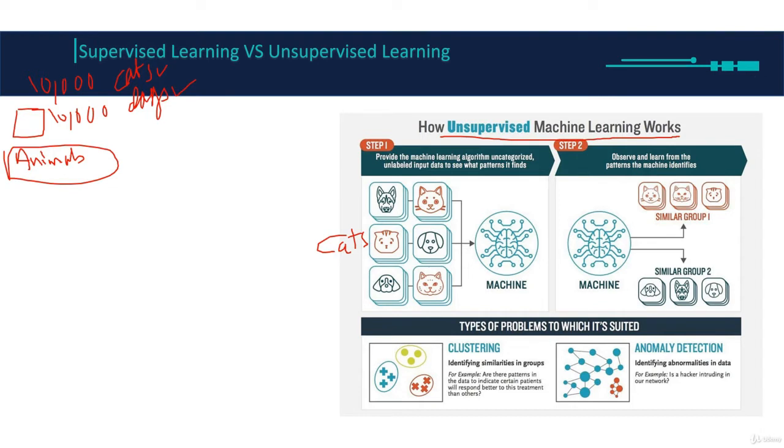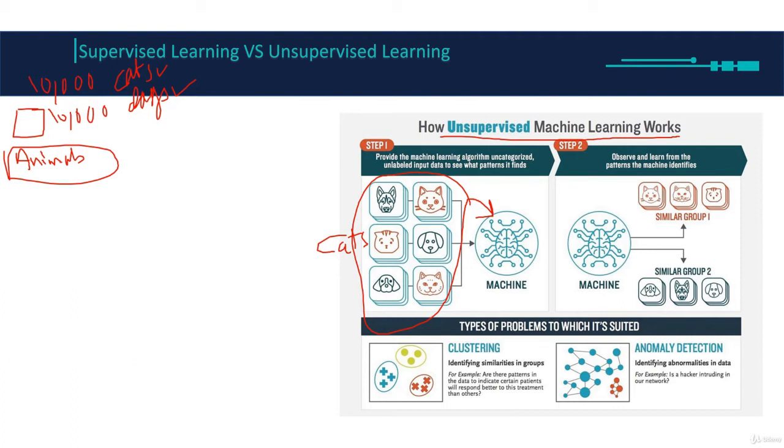Only I know, because I'm the one who collected these images. So what is going to happen is that all the images are going to be fed into the machine learning algorithm, and the machine is going to cluster or group them according to the patterns it is going to find.